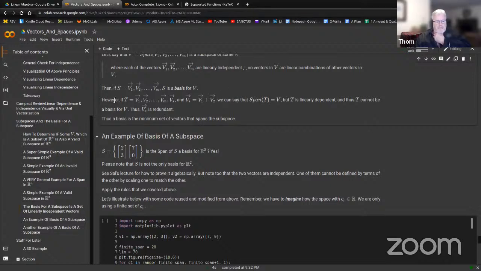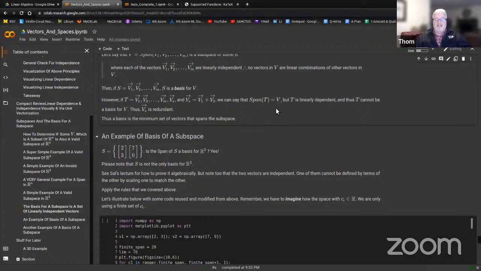It makes the presentation so much nicer. Okay, now let's say S equals this is a basis for V, meaning it's the minimal set of vectors we need to really define that subspace. Now, let's say that we had some other set of vectors, V1 through Vm, but also had Vs in this set. But Vs in actuality equals V1 plus V2. Well, we could say that the span of T equals V is still a valid span.